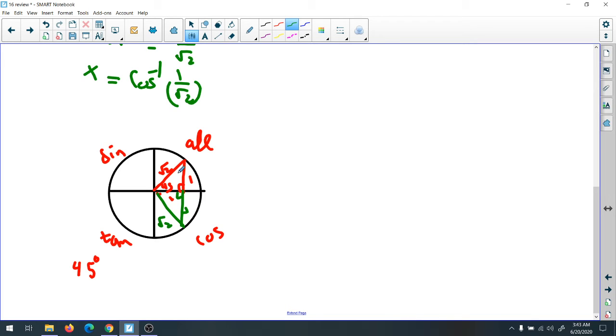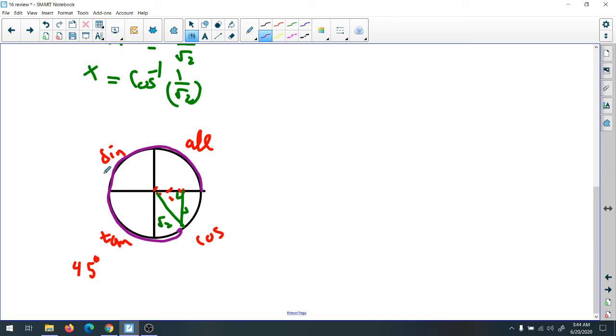So we finish with the first. Let me explain that because I don't want you to be confused. To get 45 degrees in the fourth quarter, that means we spin around counterclockwise till over here.